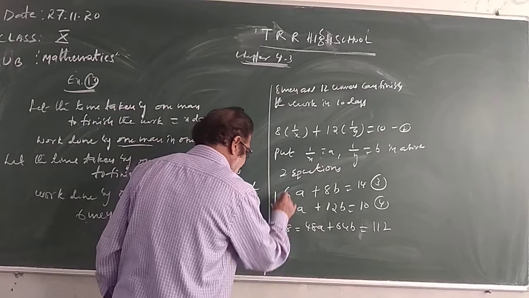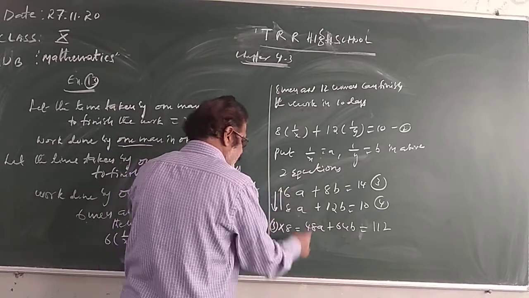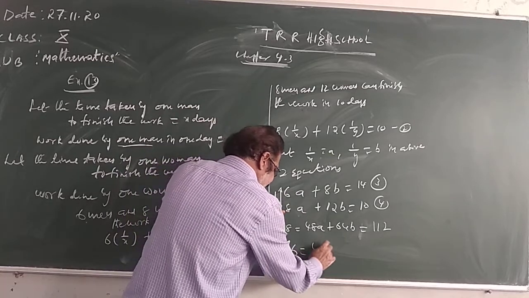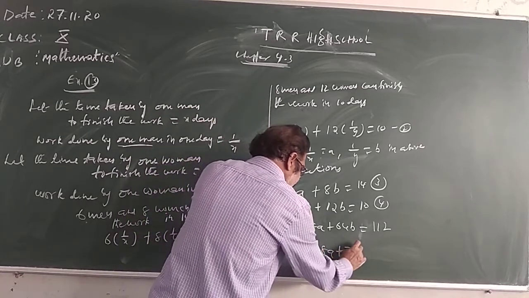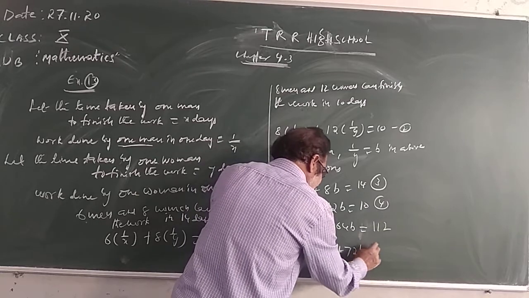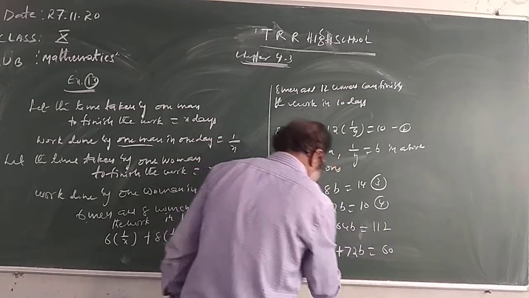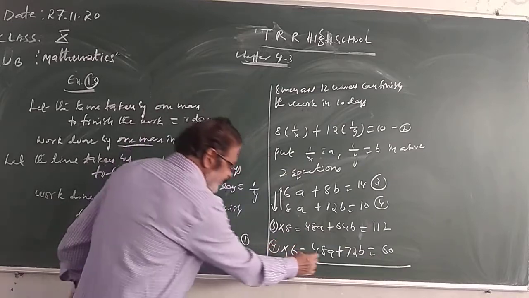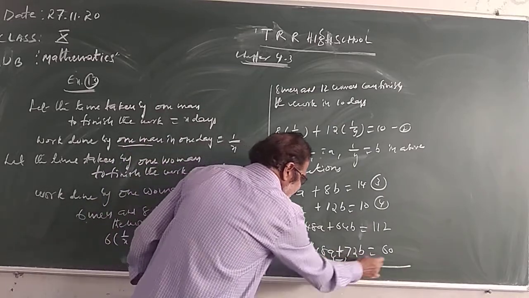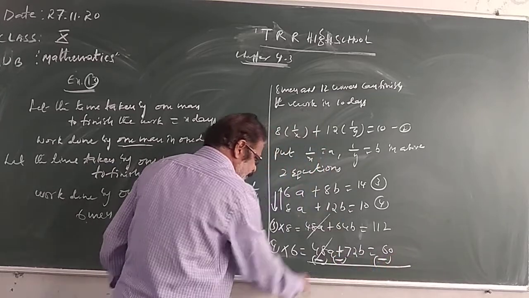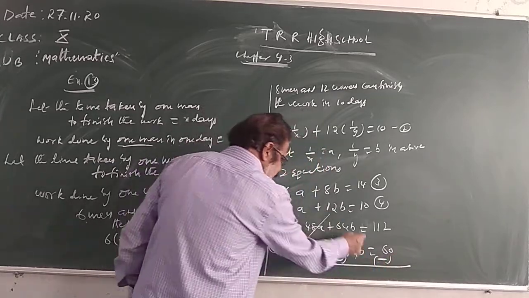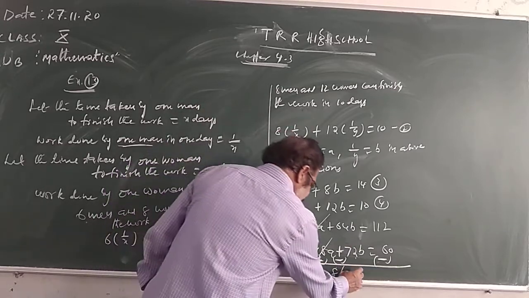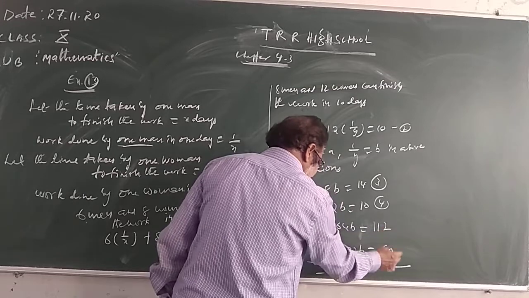Fourth equation multiplied by 6: 6 8s are 48a, 6 12s are 72b, equal to 6 10s, 60. Now plus 48a and plus 48a are not cancelling, so change the signs. Minus, minus, minus. 48a minus 48a is 0. Minus 72b plus 64b is minus 8b, equal to 112 minus 60.